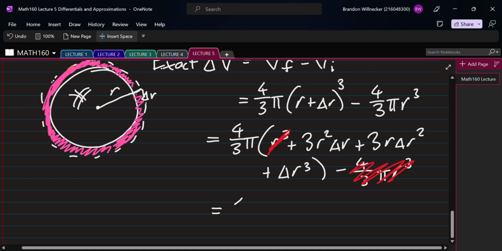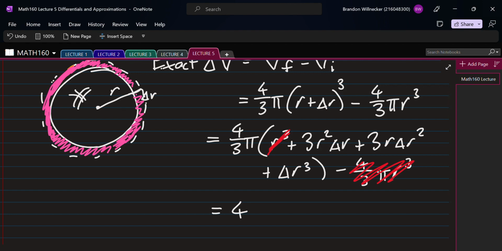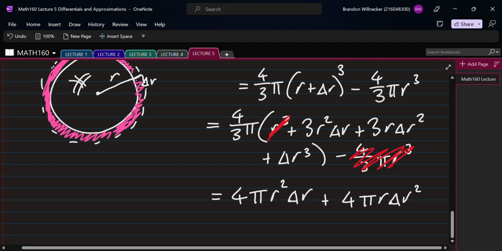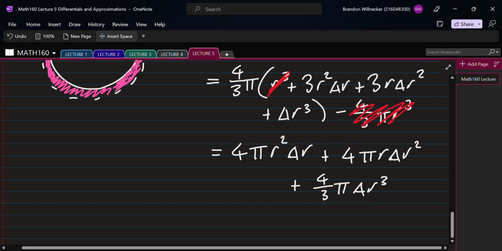So that will be 4 pi r squared delta r for that first term, plus 4 pi r delta r squared for the second term, plus 4 over 3 pi delta r cubed.